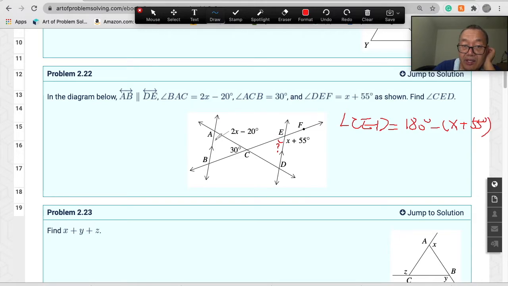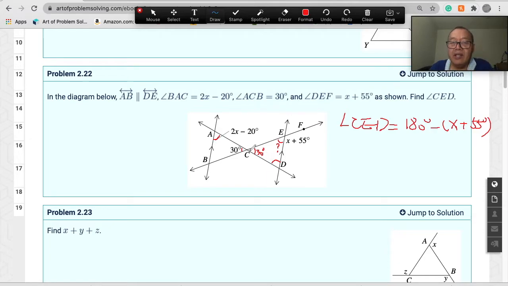Now let's see. They give you this one. Because line AB is parallel with DE, this angle should equal this angle, right? And also this angle equals 30 degrees. That means this angle also equals 30 degrees, right?